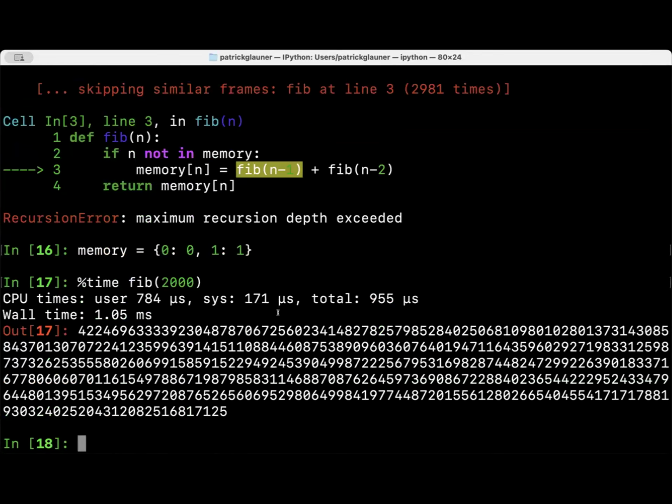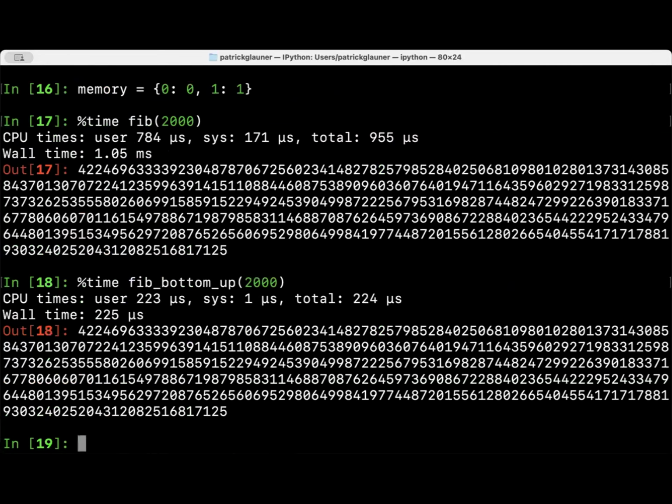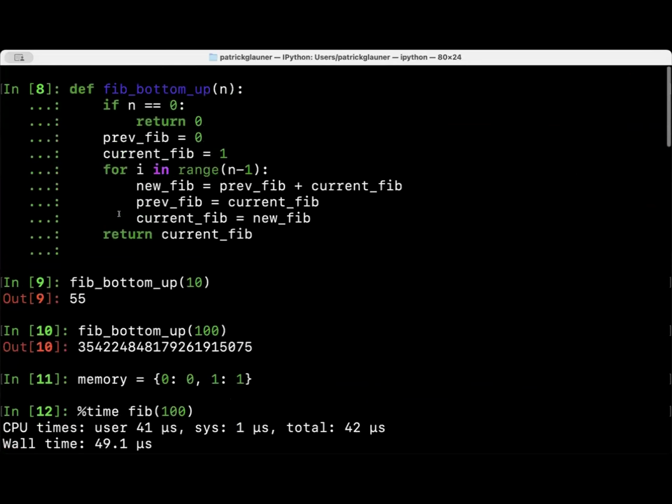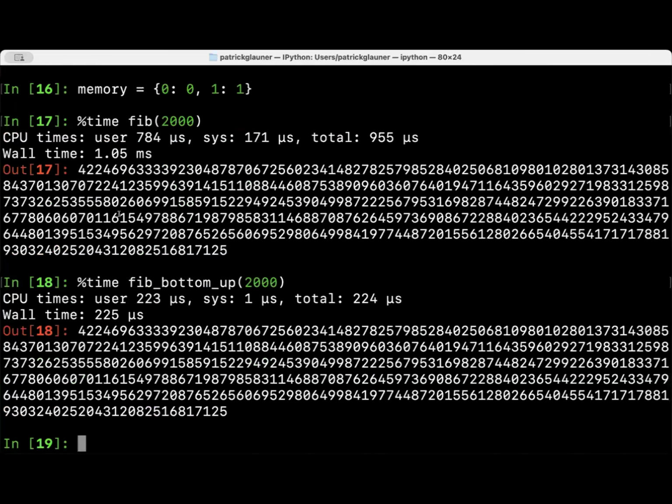So this was 784 microseconds, and the fib bottom up for 2000 is 223 microseconds. Probably a bit faster because we don't need the cache. We don't need any recursion, while with the top-down implementation from before, there was recursion.